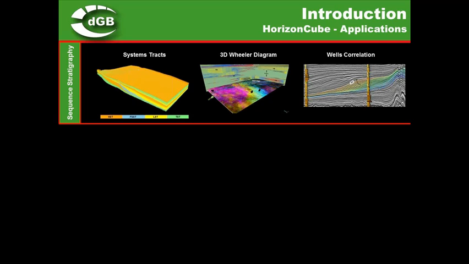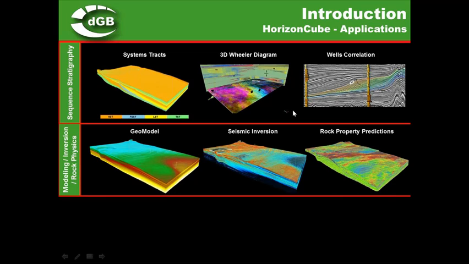It is also used to create 2D and 3D Wheeler diagrams, and you can also use the same tool to correlate multiple wells using seismic and HorizonCube. We call it the well connection panel. Not only this, but also it is used to construct models such as geomodels and low frequency models, which are a fundamental requirement for seismic inversion and generating rock property volumes.